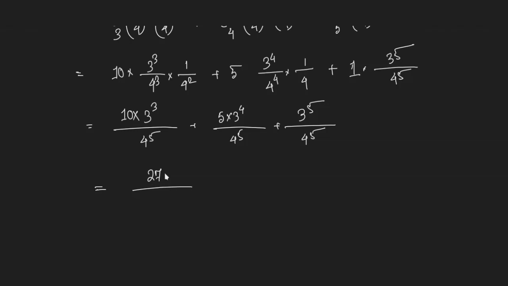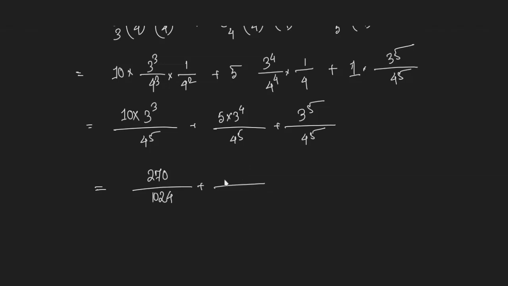So this is 270, and 4 to the power 5 will be 1024.